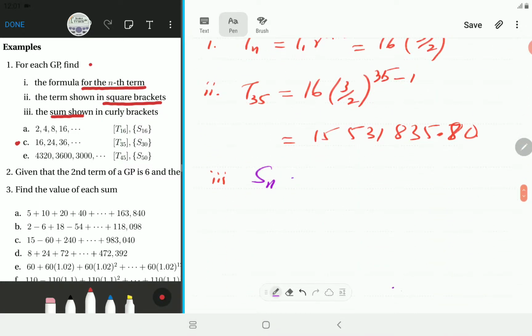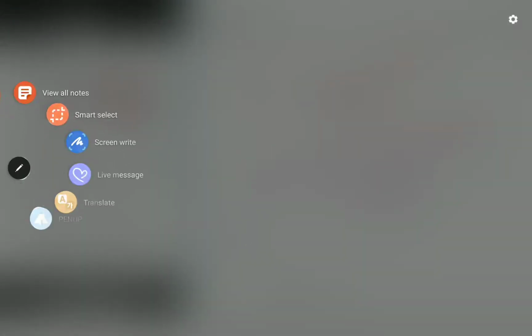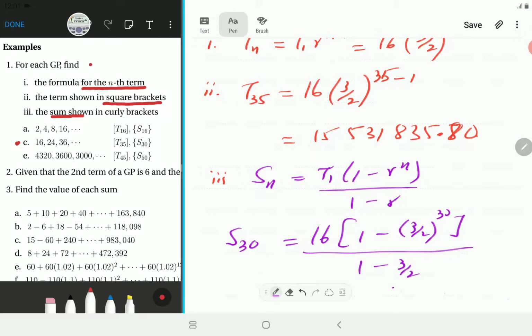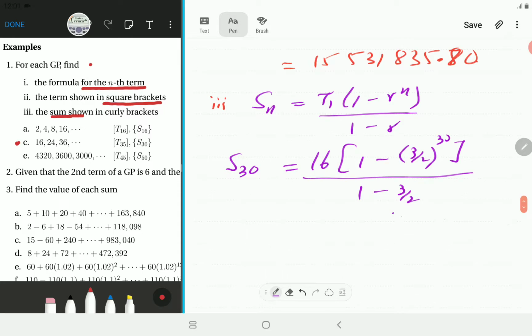So Sn is T1 times 1 minus r to the power n all over 1 minus r. So S30 is going to be equal to 16 into 1 minus 3 over 2 to the power 30, all divided by 1 minus 3 over 2.